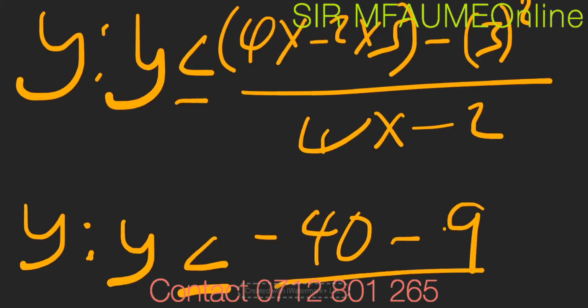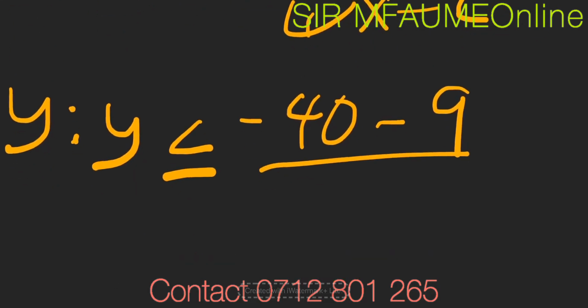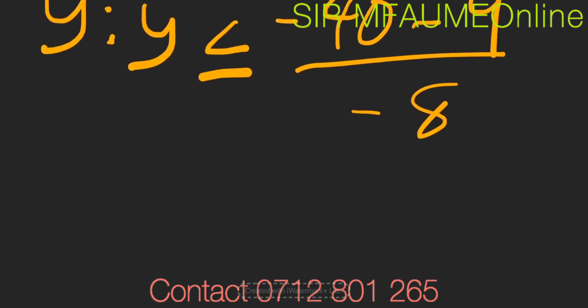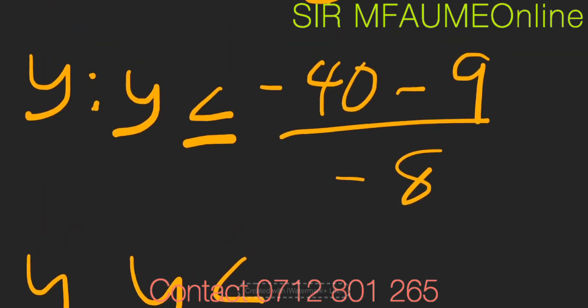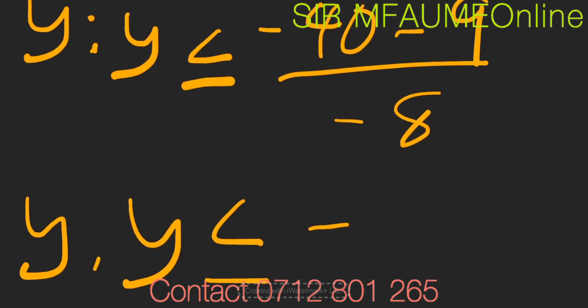Then divide by 4 times negative 2, which equals negative 8. So negative 40 minus 9 gives negative 49 over negative 8.